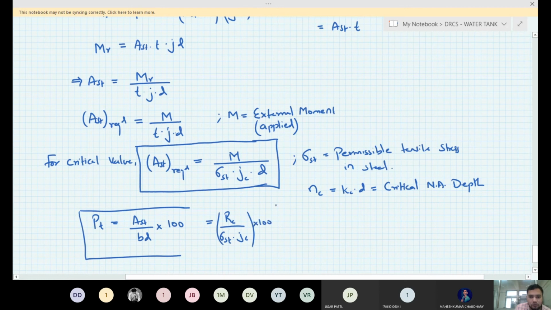You can also use this formula to find PT, but this will give you the limiting value of PT.